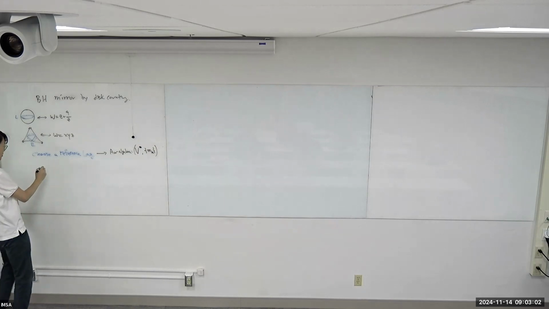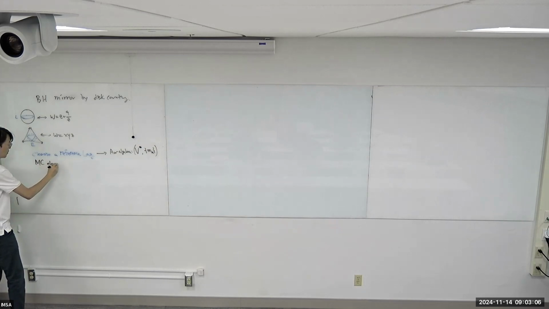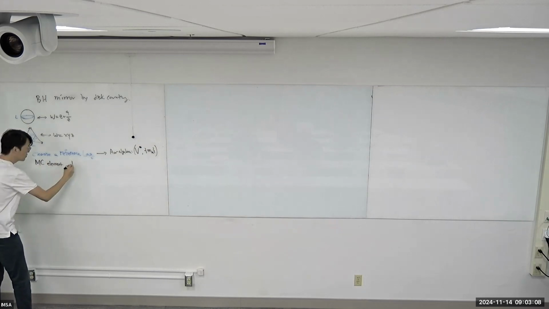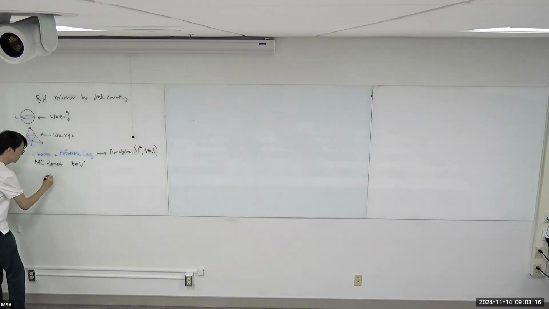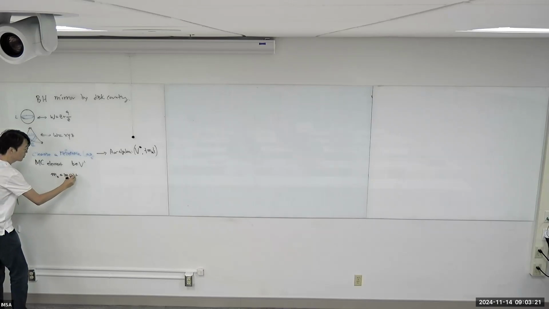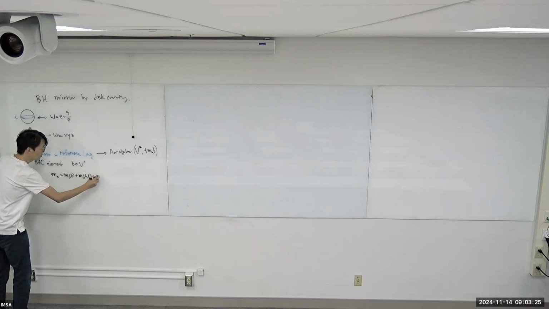So what was the Maurer-Cartan? Maurer-Cartan element, or weak Maurer-Cartan element, was an element in the degree 1 plus satisfying this M0 plus M1B plus M2BB plus M3BBB.